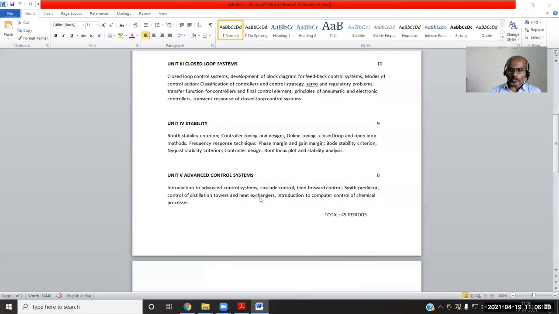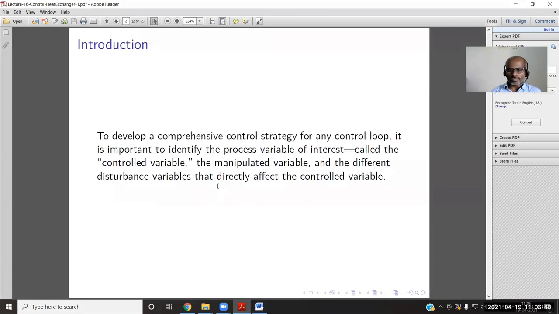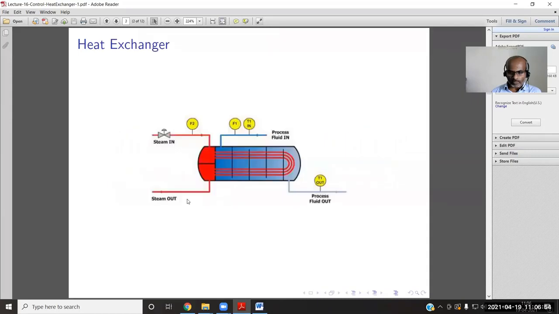So in today's class, we are going to discuss control of distillation towers and heat exchangers. Okay, this is the topic. I hope my screen is visible. Already I have put the screen into sharing. Okay, screen sharing is available. First, we'll see about the control of heat exchangers. We are going to see about the control strategies: what is a controlled variable and what is a manipulated variable.